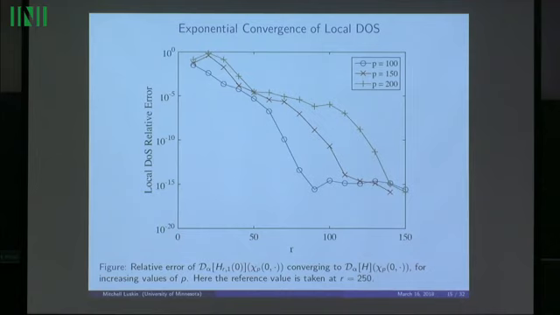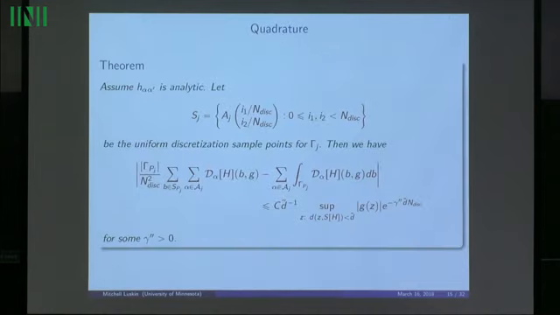This shows you, for the local density of states, the kind of convergence that we get. It shows you that even with r equal to 40, we've reduced the error by 5 orders of magnitude. Now, recall we had to do this quadrature.